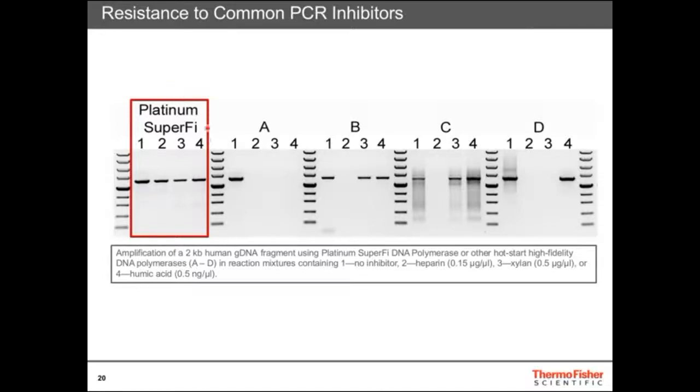And in lane 4, we spiked humic acid, which is a common inhibitor found in soil. And as you can see, with Platinum SuperFi, in all of these cases, you're not seeing any impact or inhibition to the result of your PCR reaction, whereas with the other competitors' polymerases, you can greatly impact the success of your PCR.